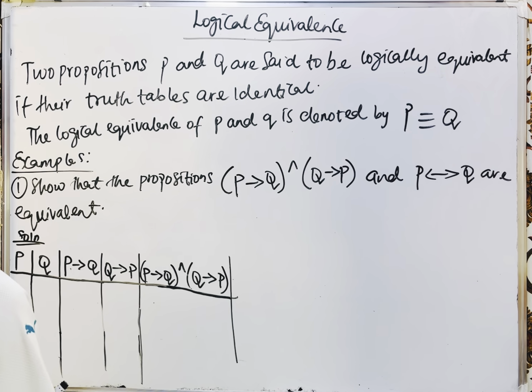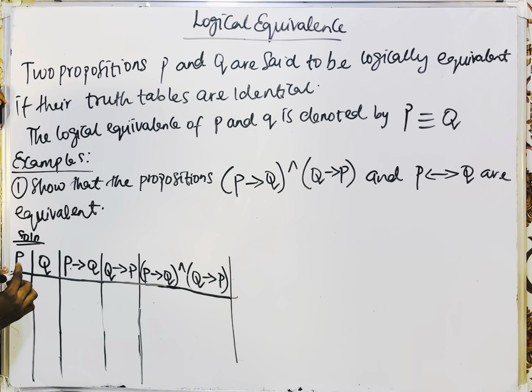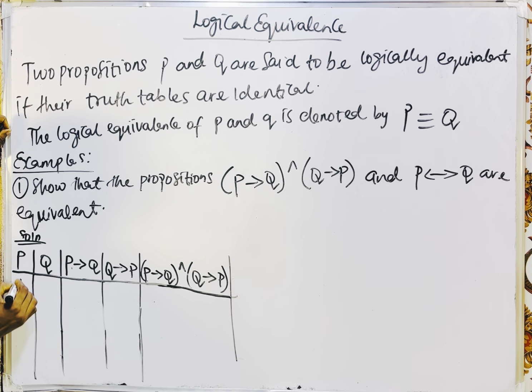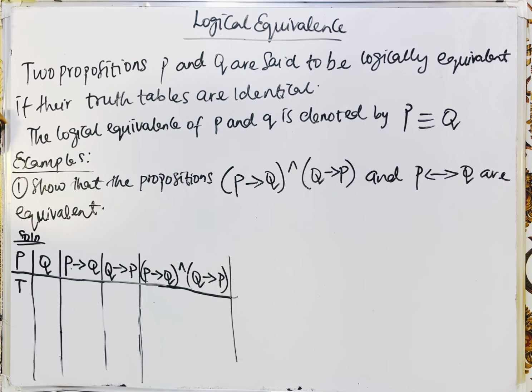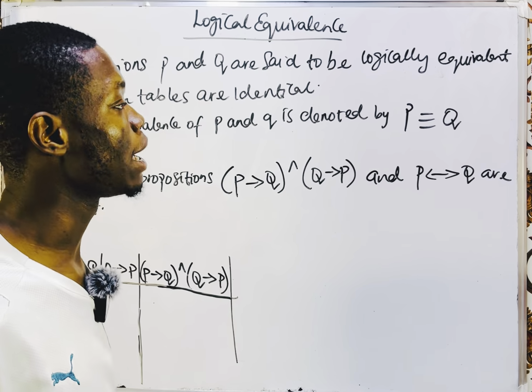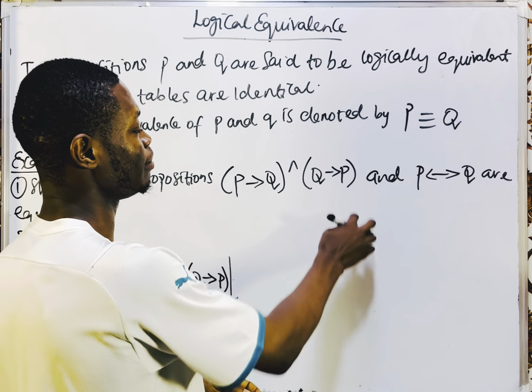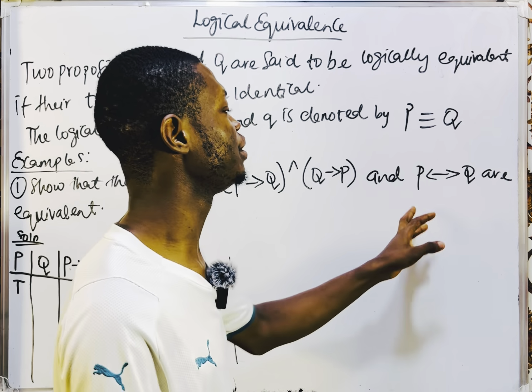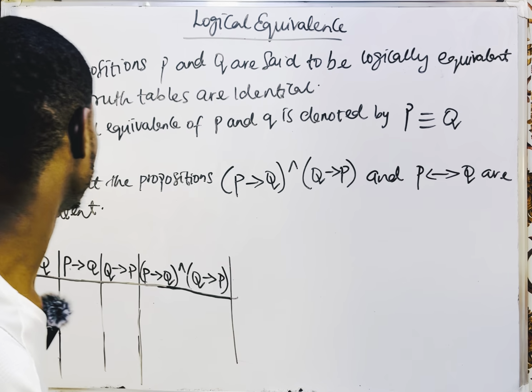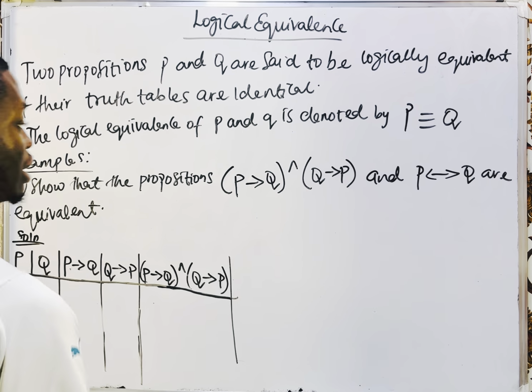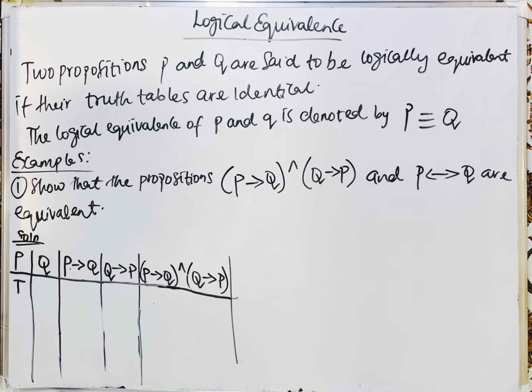So under the truth table, we have this as P. We have an example: the propositions P implies Q and Q implies P, and P if and only if Q, this is a biconditional statement, this is conditional, are equivalent.